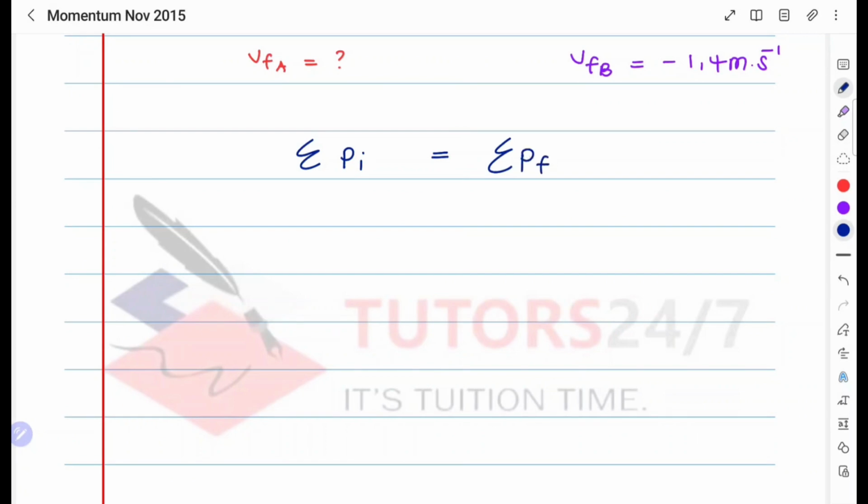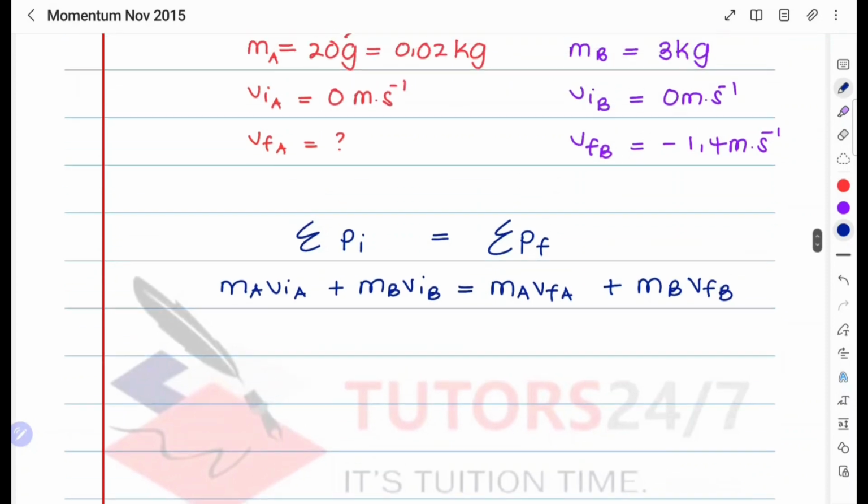Keep in mind this is of object A and B. So we can break it up as the mass of object A times the initial velocity of object A plus the mass of object B times the initial velocity of object B. And that is equal to the sum of the final momentums, which is mass of A times final velocity of A plus the mass of B times the final velocity of B. Now, let us start to substitute.